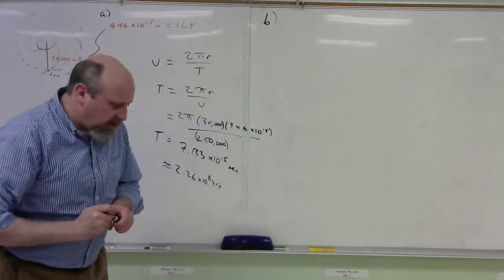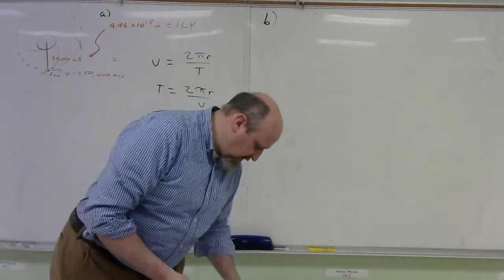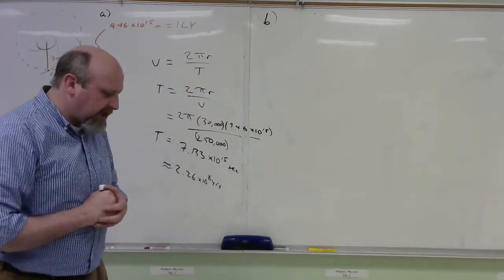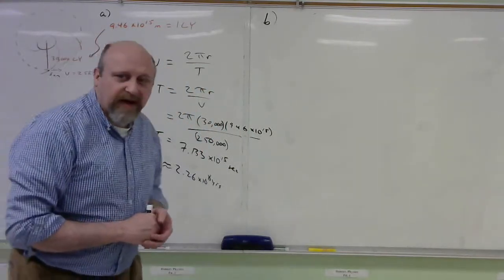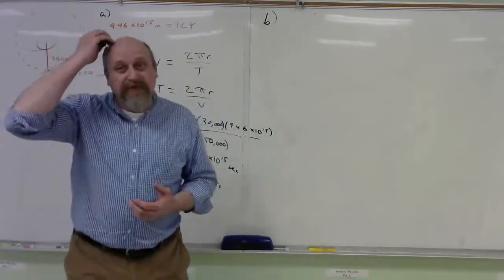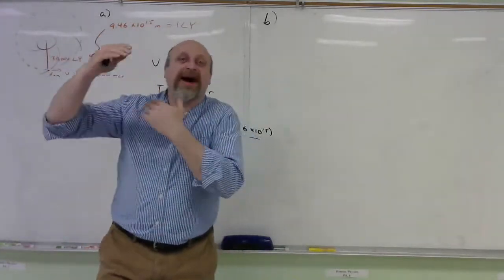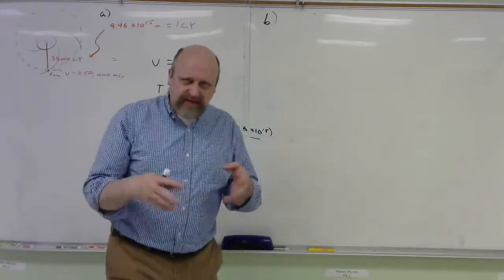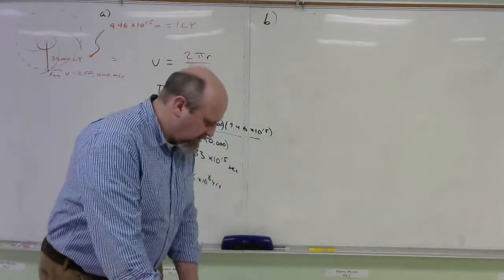Part B says, now that you've got that, of what order of magnitude is the mass of the Milky Way galaxy? By the way, order of magnitude means to what power of 10, so you're not asking for anything really precise, which is a good thing.